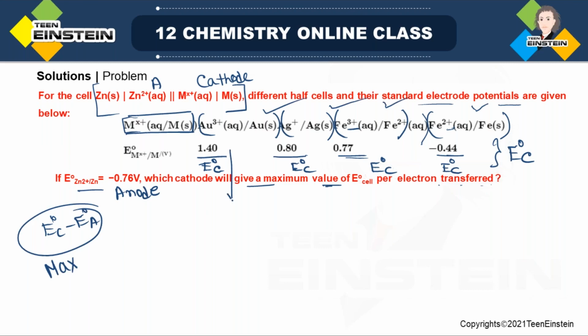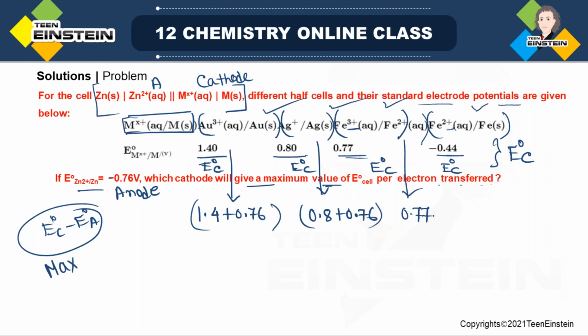So in case of gold, it is 1.4 minus, then another minus, that means it will be 0.76. For silver, it is 0.8 plus 0.76. See, each time the negative is cancelled and it is positive, and writing directly. Then in case of the third system, it is 0.77 plus 0.76. And in the last system, it is minus 0.44 plus 0.76.